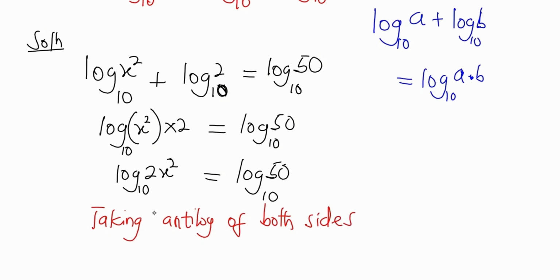Taking the antilog of both sides simply means that we are taking away the logarithms, and that is going to help us get the arguments and solve for the value of x. So in this case, you have 2x squared, which is equal to 50.